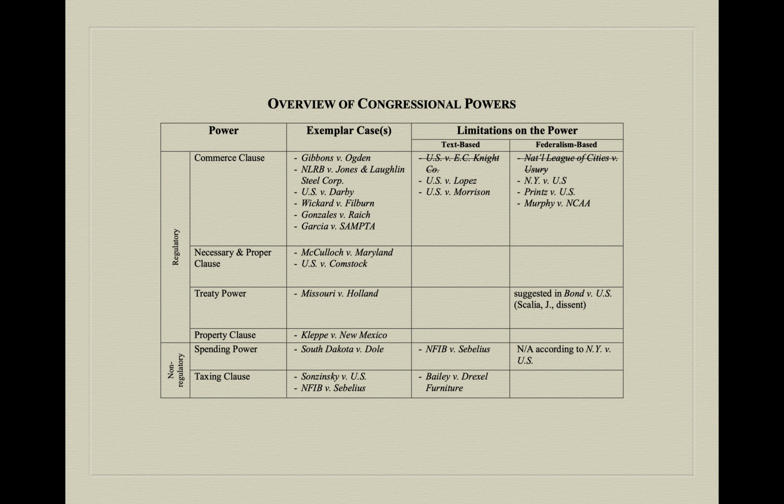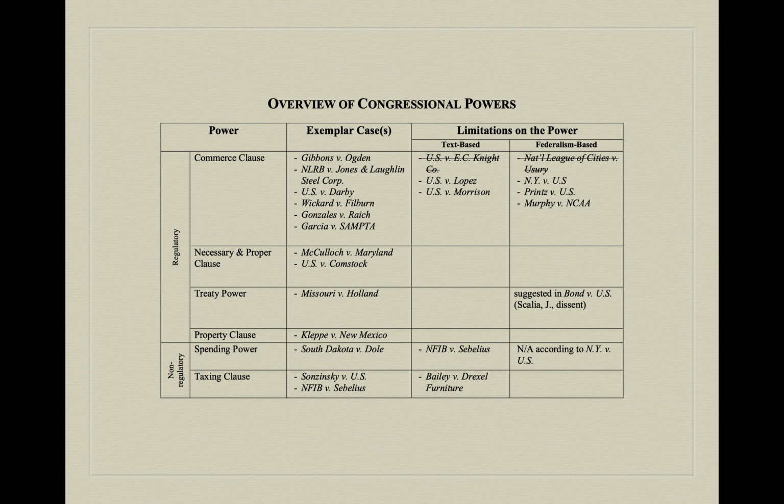And as we'll see today, the court will say that this is not a regulation of spending. This is not a regulation of taxing. And in the second column, the federalism-based column, the court is saying, no, this is a regulation of commerce, but there's another reason. There's an external reason why it's unconstitutional. So that explains the columns there.